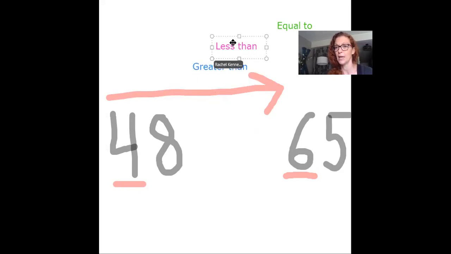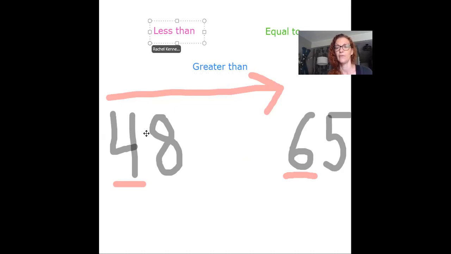Or are you going to write less than? Is 48 less than 65? Or do you think they're the same? 48 is equal to 65. Which one are you going to write? 48 is what? Less than or greater than? You write those words down. Show me when you're done.